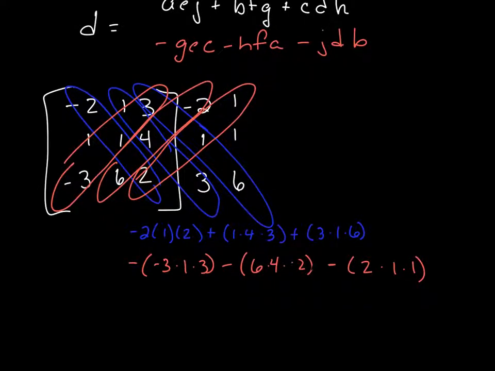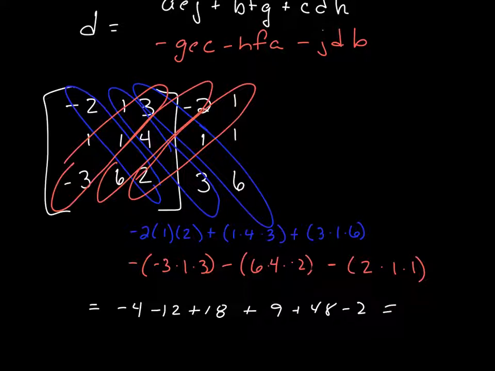Alright, so what does that give me here? That gives me a grand total of negative 4 minus 12 plus 18 plus 9 plus 48 minus 2, or the determinant of this matrix is 57.